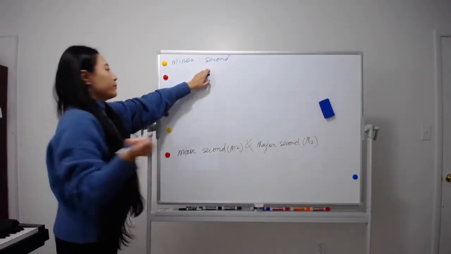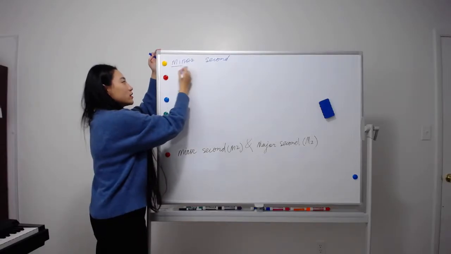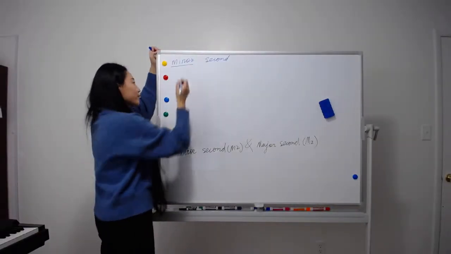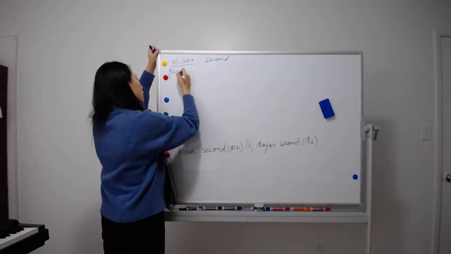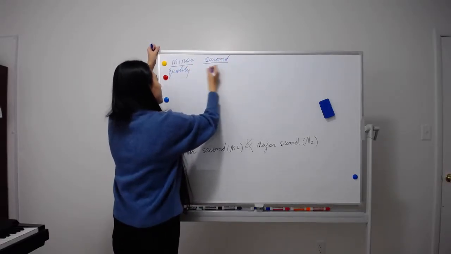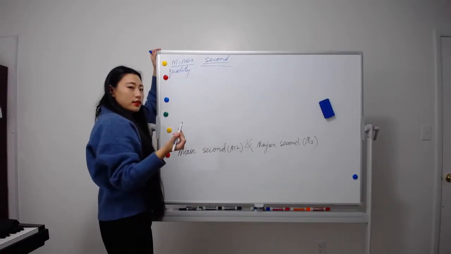Minor second. The minor is the quality, right? The second is the number.